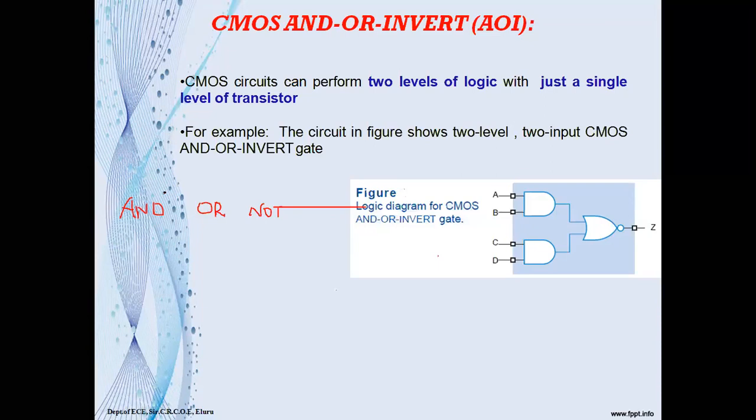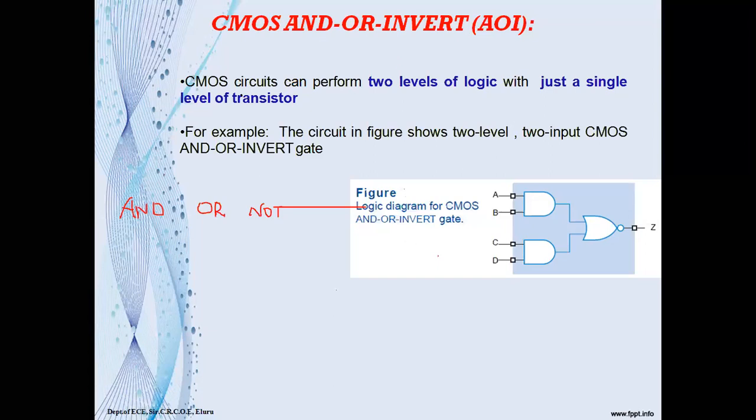You can also implement the logic circuits using AND-OR-NOT or OR-AND-invert. There are different ways of implementing logic circuits. Some of the implementations are NAND-NAND, NOR-NOR, AND-NOR, or OR-NAND.